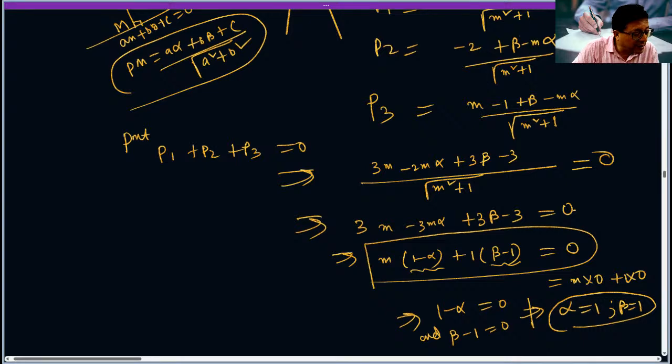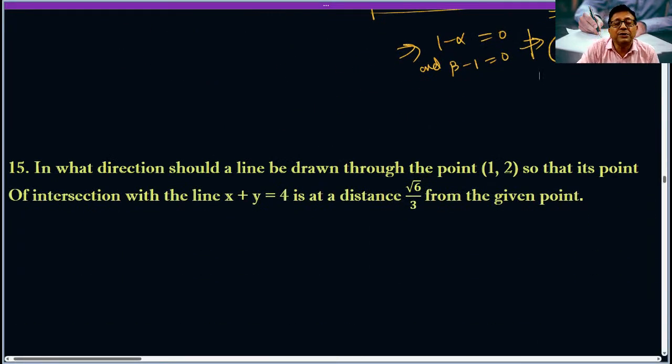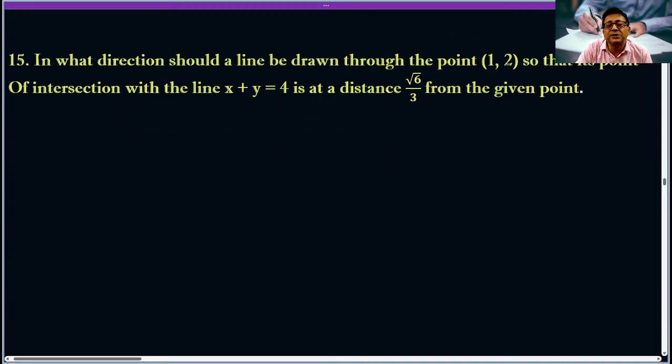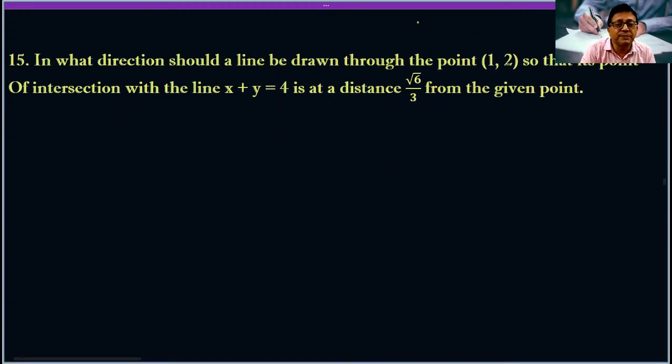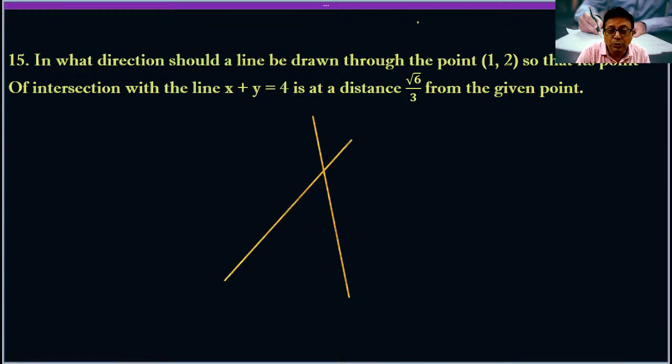Now the question was what? Find the coordinates of P only. Got it. Next one: in what direction? This is another very good question. You must solve it, it is very important also. In what direction should a line be drawn through the point so that the point of intersection... Look at the construction.